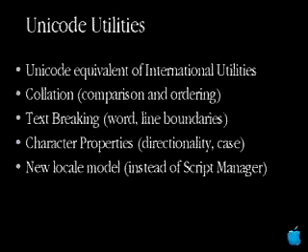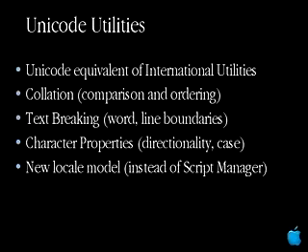The Unicode utilities were new in Mac OS 8.6 and were extended in Mac OS 9. They're equivalent to the international text utilities and the script manager, which have been in the Mac OS for a long time, but they're the equivalent versions for Unicode text. They support operations like collation, namely comparison and ordering or sorting of text in human languages.